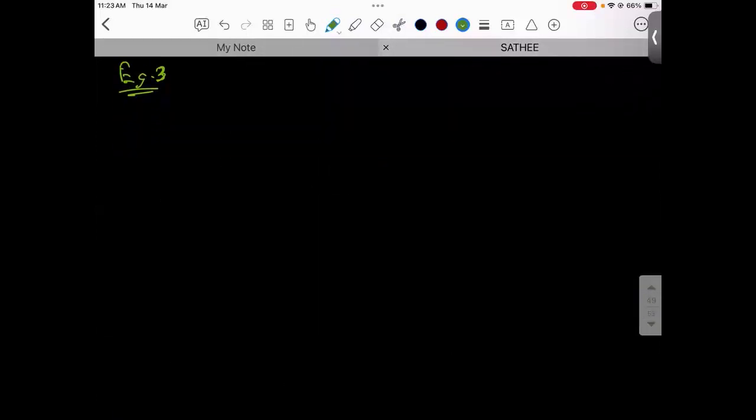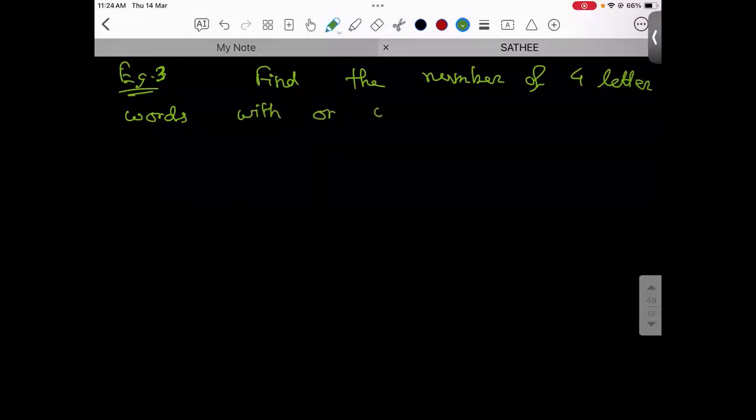The example is: find the number of 4 letter words, with or without meaning.